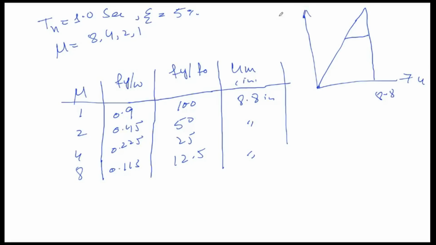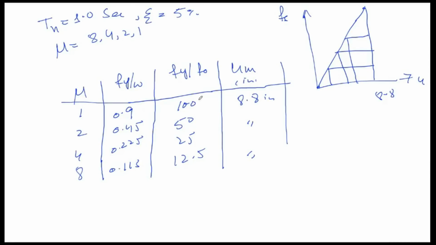This is Fs. For 1, it is 8.8. For 1.5, it is 8.8. For 2, it is 8.8. For 4, and then for 8. But if you look at the ductility, because the yield displacement is changing, ductility is obviously different: 2, 4, and 8.